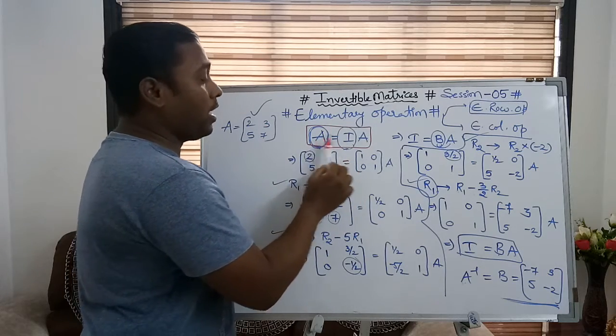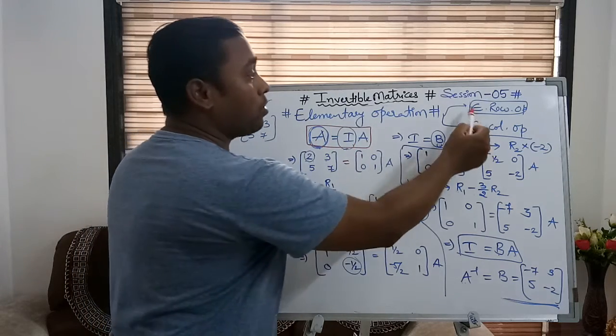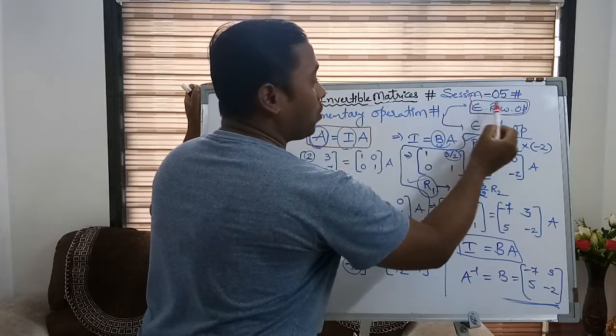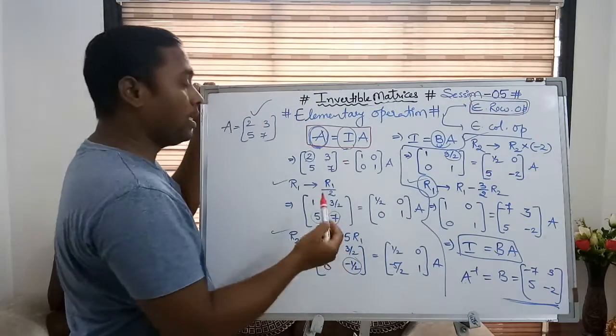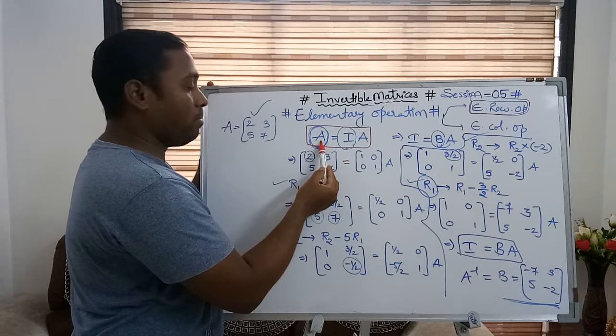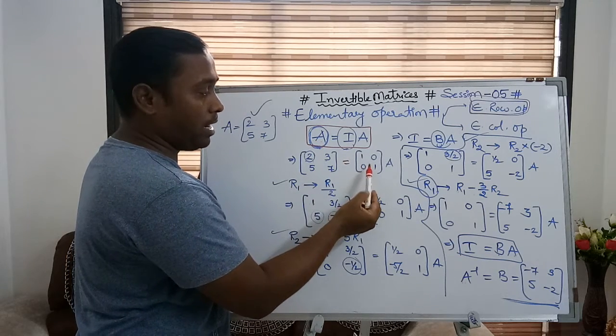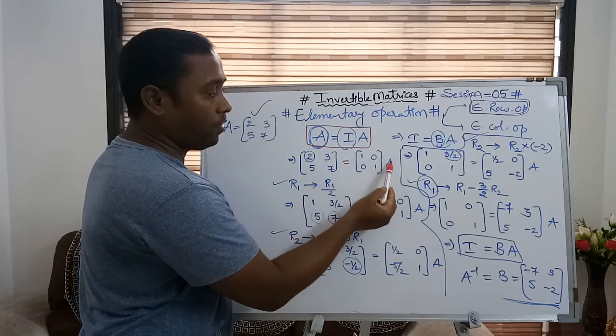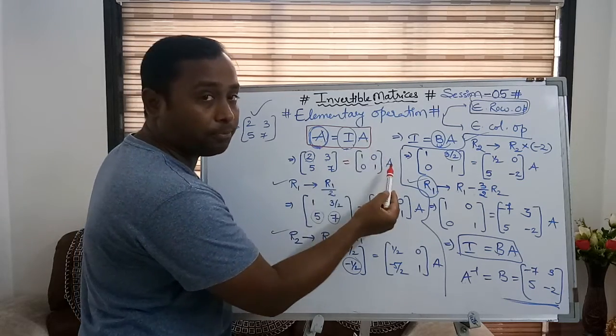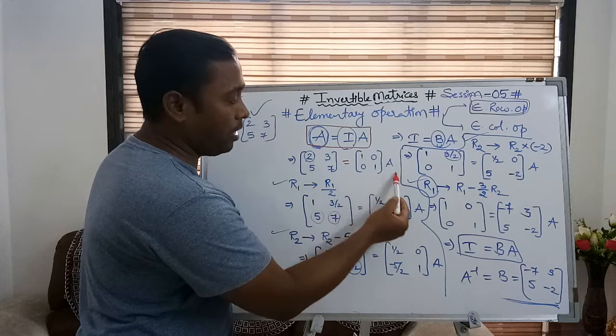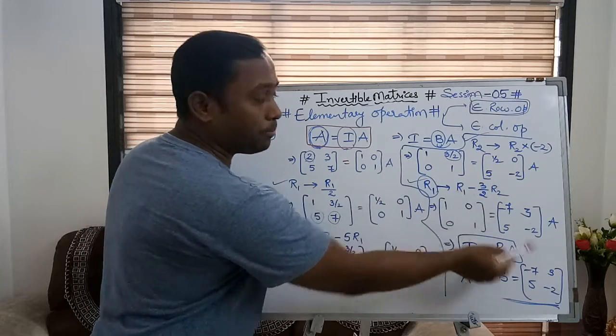You have to write A is equal to I into A because you are dealing with elementary row operations. Then write the matrix A which is given in the question, with the identity matrix I, and don't put any value of A on the right hand side. It will be carried on in each and every step.